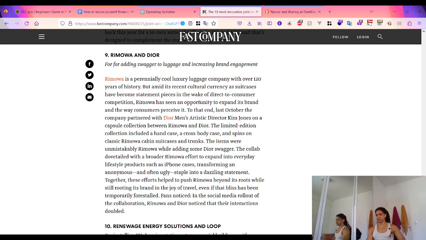To that end, last October the company partnered with Dior Men artistic director Kim Jones on a capsule collection between Rimowa and Dior. The limited edition collection includes a hand case, a crossbody case, and spin-on classic Rimowa cabin suitcase and trunks. The items were unmistakably Rimowa, while adding some Dior swagger.